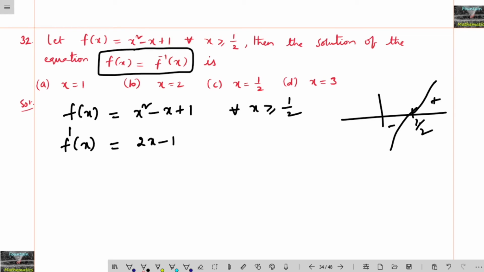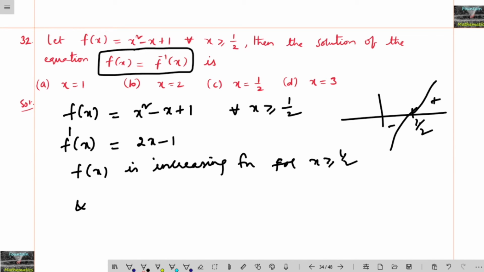You can say that f of x is an increasing function for x greater than or equal to half. And since it is an increasing function for any value x greater than or equal to half, f inverse exists.